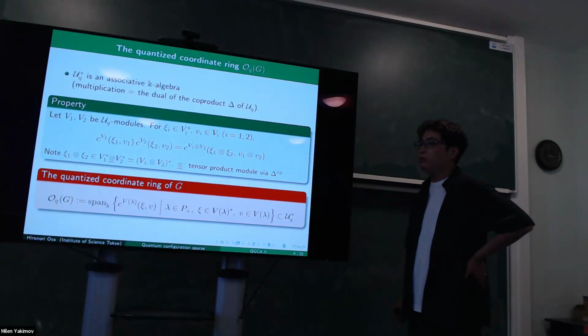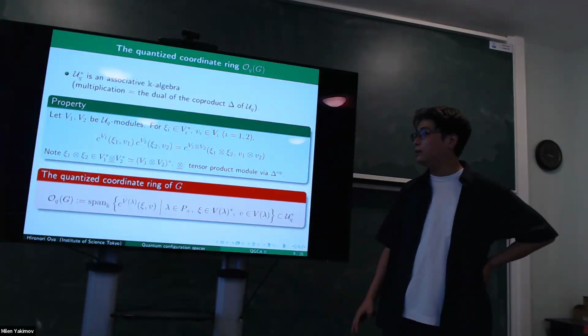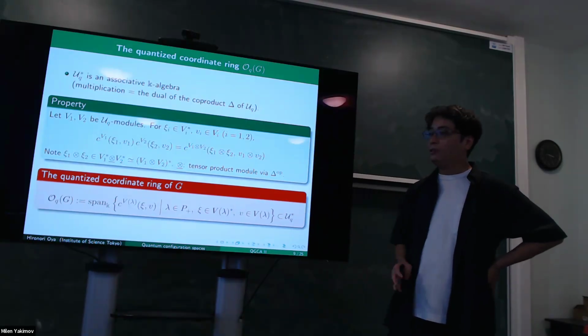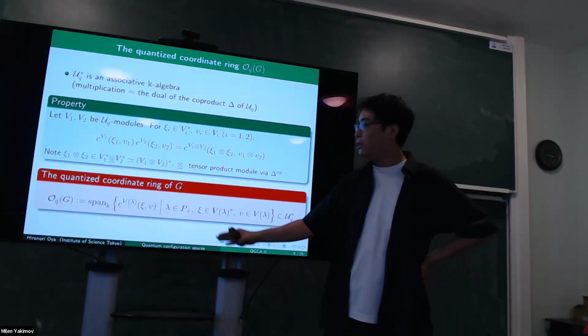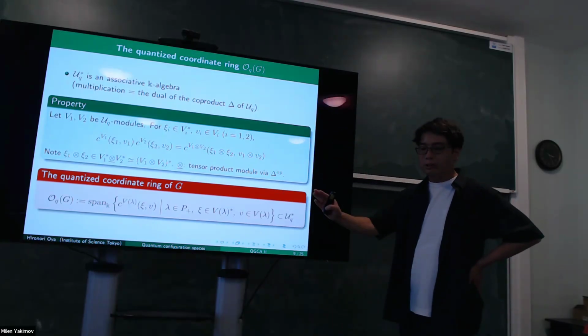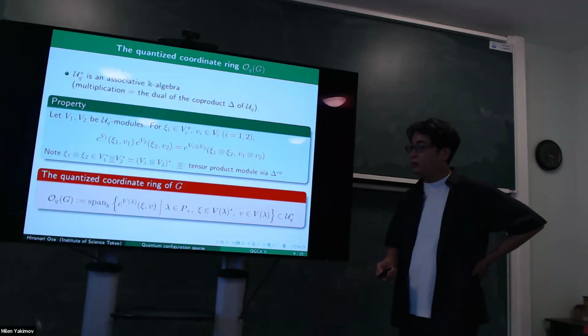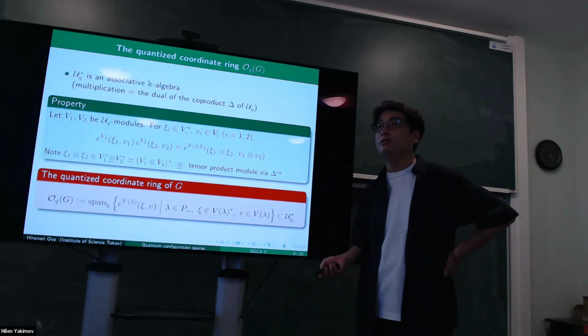Then this is the definition of the quantized coordinate ring: the subspace of UQ dual spanned by the matrix coefficients of finite-dimensional irreducible UQ modules. This is the usual definition of the quantized coordinate ring.